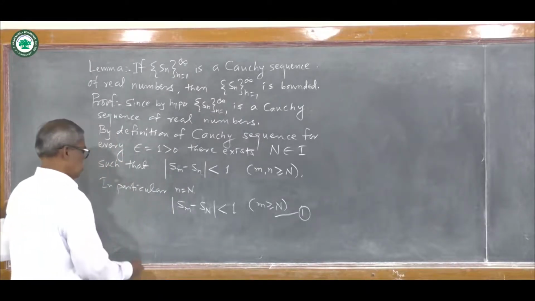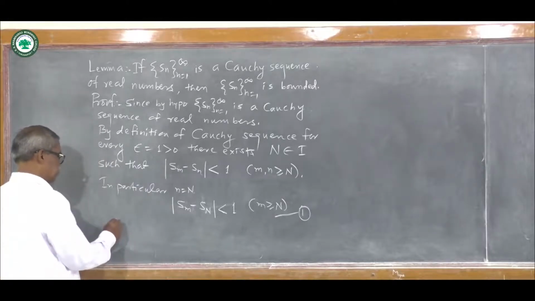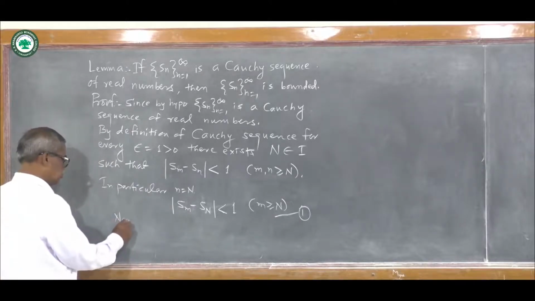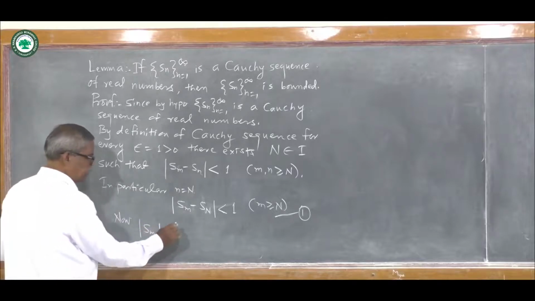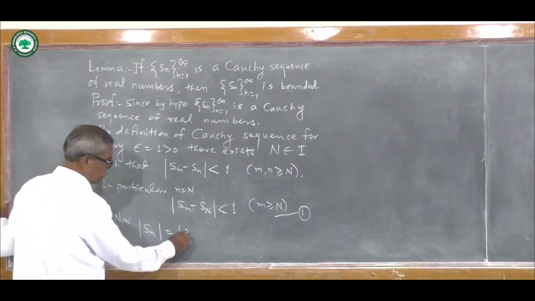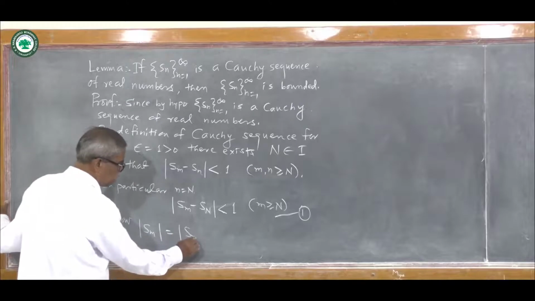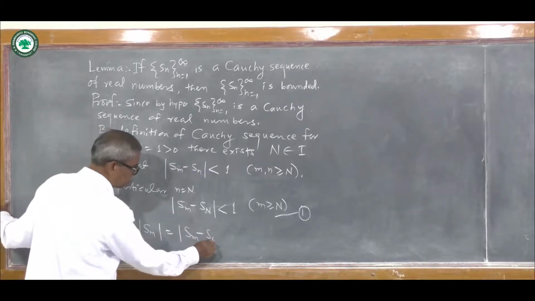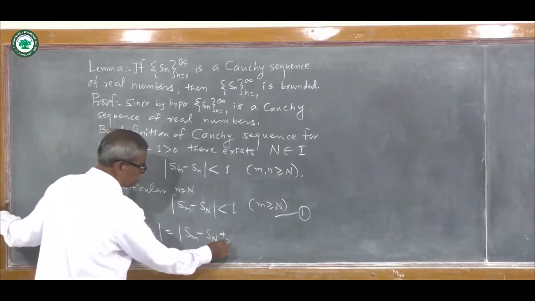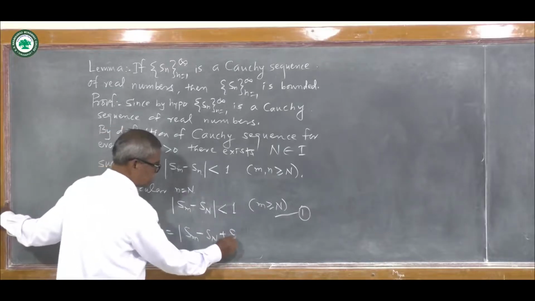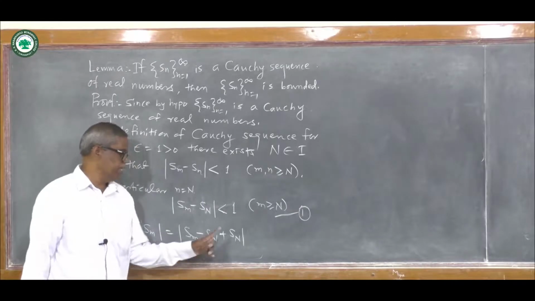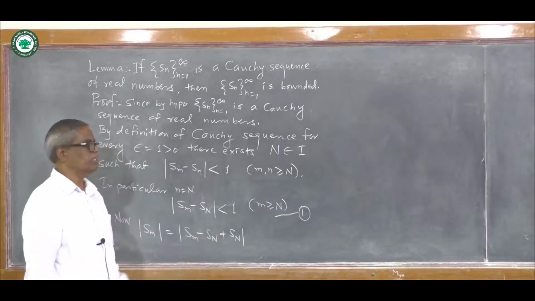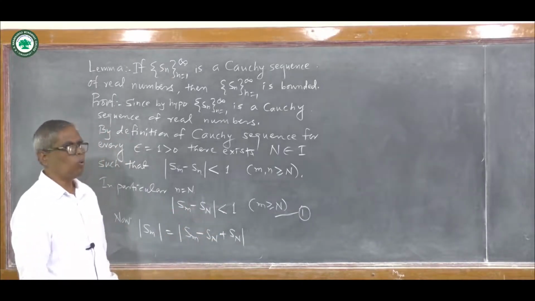Now, mod of S suffix M is equal to modulus of S suffix M minus S suffix capital N plus S suffix capital N, minus Sn plus Sn gives 0.